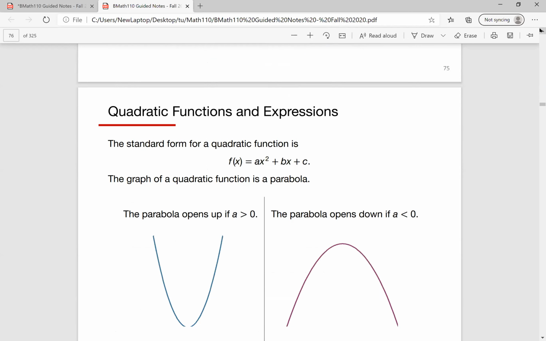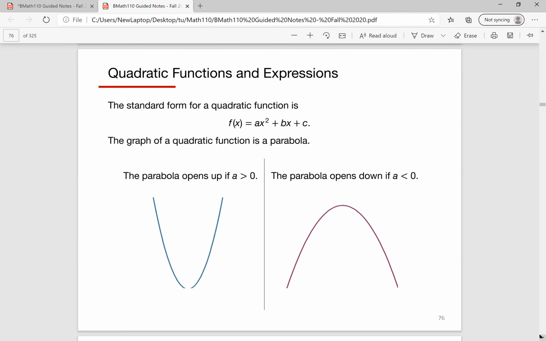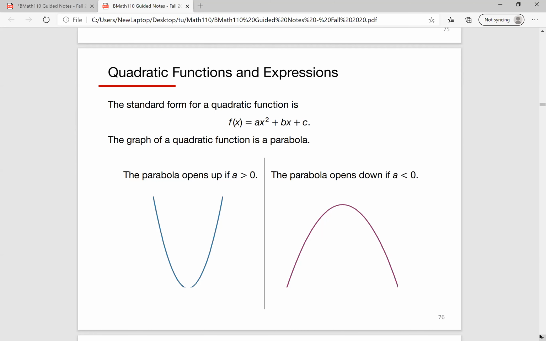So firstly, quadratic function and expression. The standard form for the quadratic function is f(x) = ax squared plus bx plus c. And remember that you must have a not equal to 0.